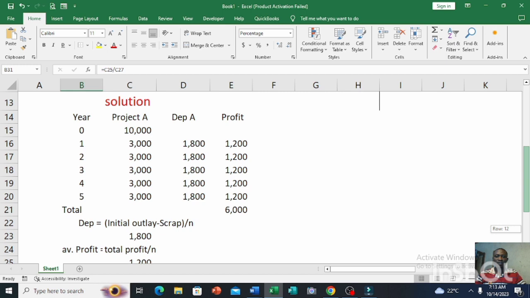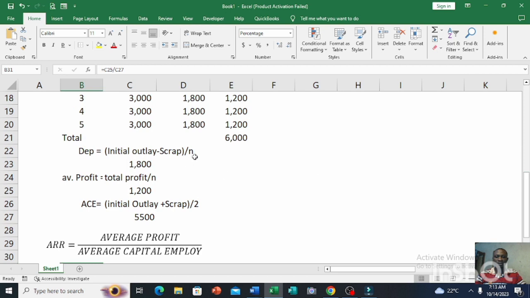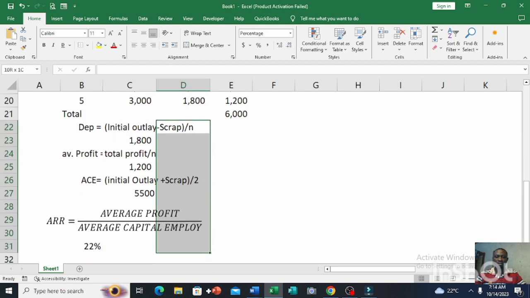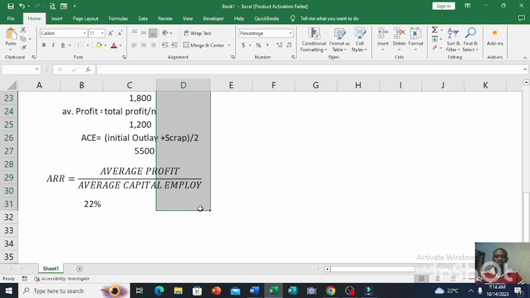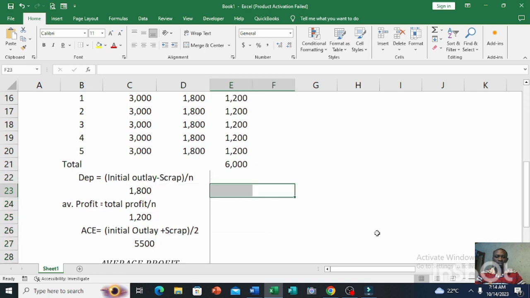Now let's calculate for B. Let's calculate now for project B. The same formulas are going to apply for B as well. So the same formula for B. So just calculate, please.